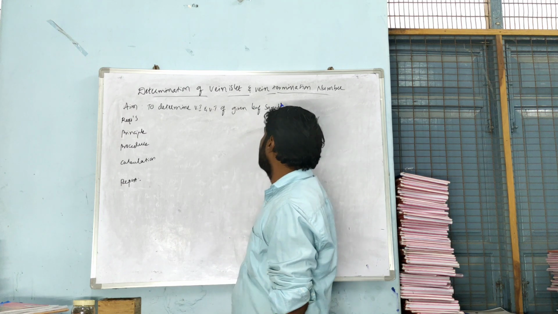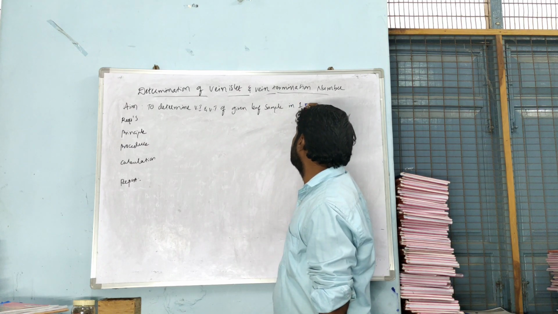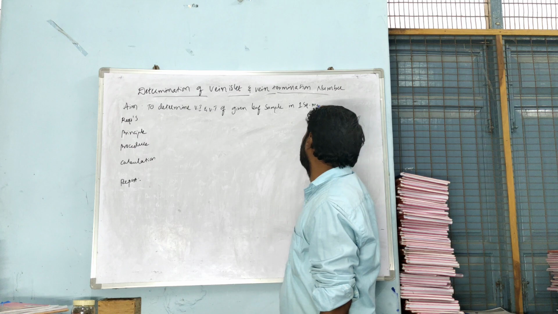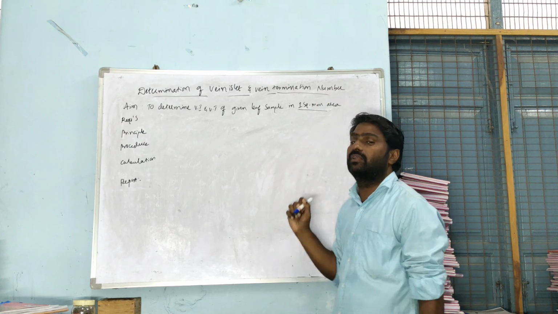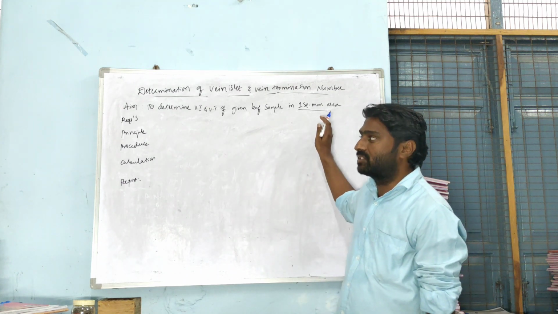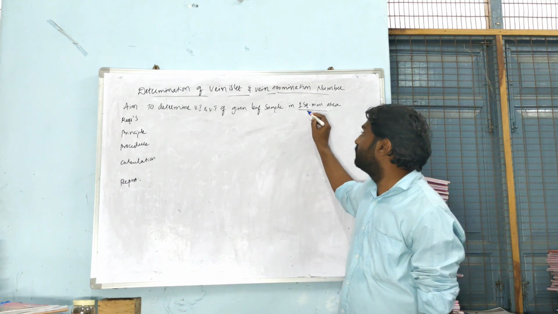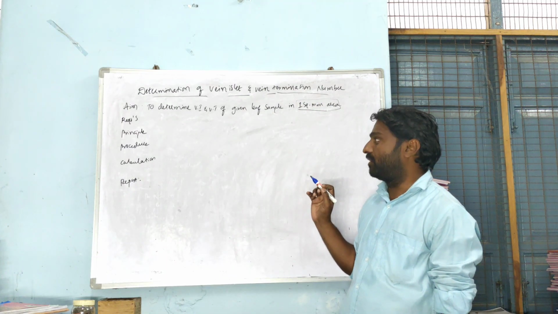Generally this is determined in leaf sample in 1 square millimeter area. So this is our aim. So please keep it in mind that it is only 1 square millimeter area.